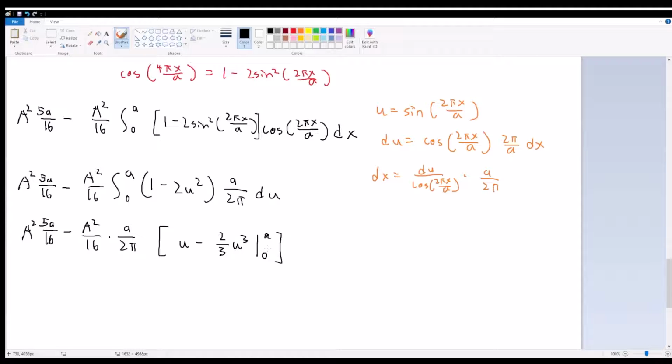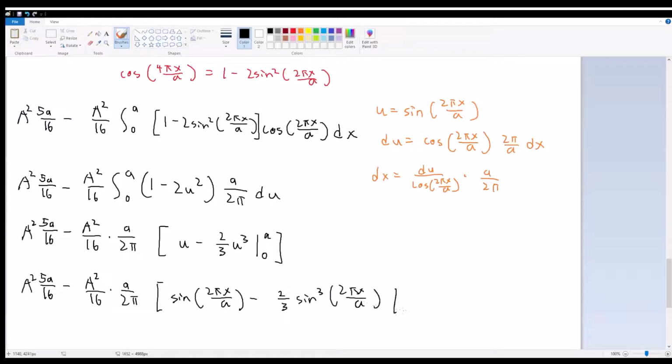If we convert u back, then we get a squared 5a over 16 minus a squared over 16 times a over 2 pi multiplied by sine 2 pi x over a minus 2/3 sine cubed 2 pi x over a, evaluated from 0 to a.